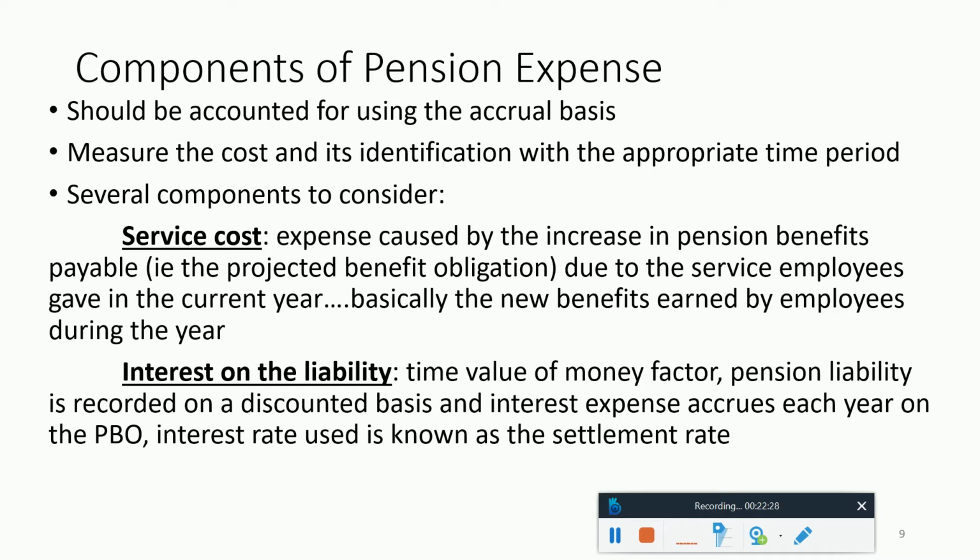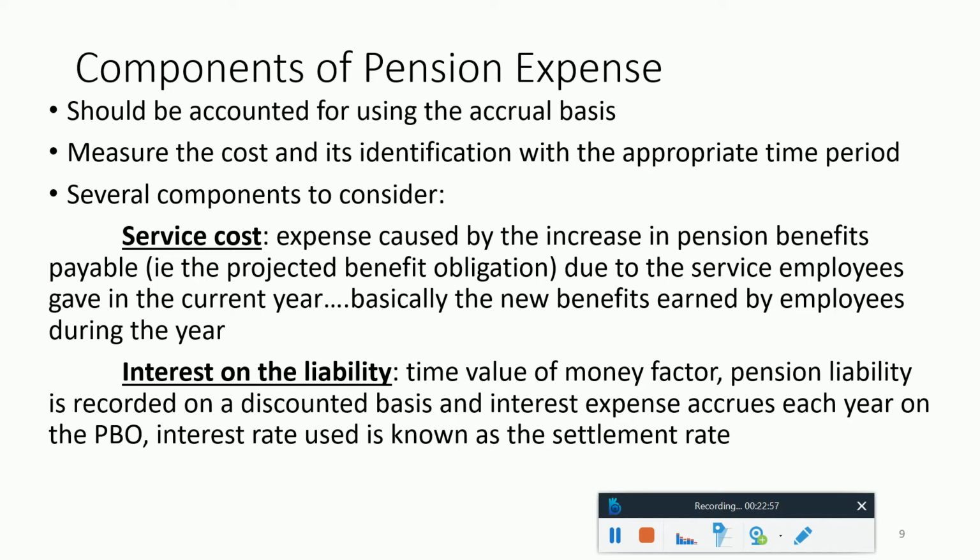And this is going to become extremely important when we get into some of the components where we're amortizing things over a number of years. So there are about 7 or 8 different components to pension expense that we're going to take a look at. So what I'm going to do first is just high level explain what they are, and then we'll go through several of them in a little bit more detail.